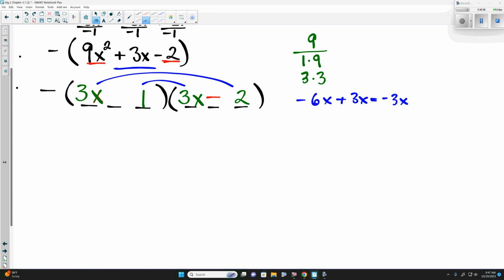Really, the only one we need to erase is the plus. Turning the minus into a plus is actually kind of nice. Add a line. And if we check this again, 3x times 2 is now positive 6x. Negative 1 times 3x, negative 3x, giving us a positive 3x.